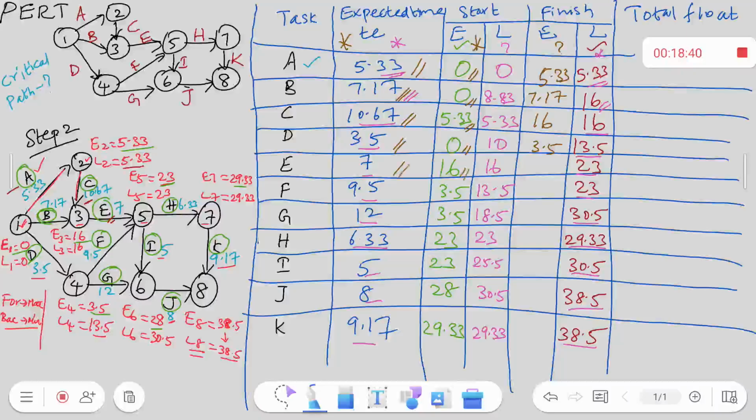7 plus 16 is 23. Next is 9.5 plus 3.5, which is 13. Next is 12 plus 3.5, which is 15.5. 6.33 plus 23 is 29.33. Next is 5 plus 25.5, which is 30.5.